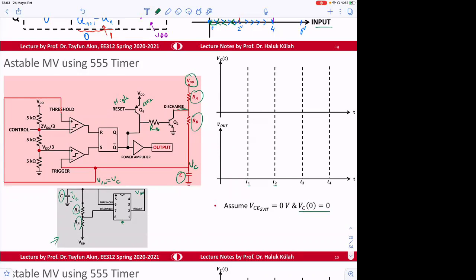And we'll make one more assumption here. This collector-emitter saturation voltage, instead of 0.2 volt, let's say it's 0 volt. It's just for simplicity.